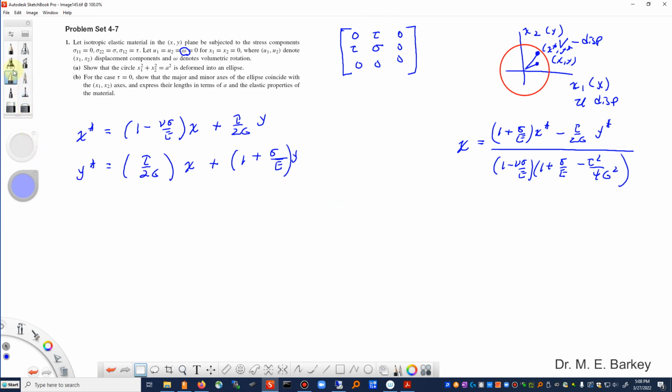All right, so I have my starting equations again. Now I want to eliminate the x term. So I'm going to multiply the top equation by minus tau over 2G.